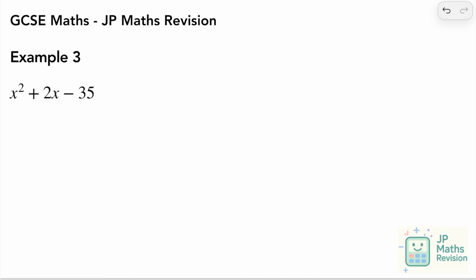So for this one, we need to think of two numbers. This time they need to multiply to make minus 35, and they need to add to make 2. For numbers that multiply to make 35, we have 1 and 35, we have 7 and 5. I'm going to go with the 7 and 5 because I know there's nothing I can really do to 1 and 35 to get 2.